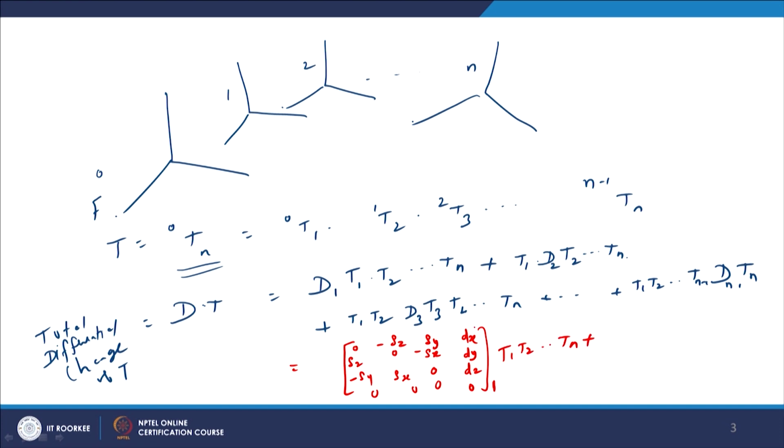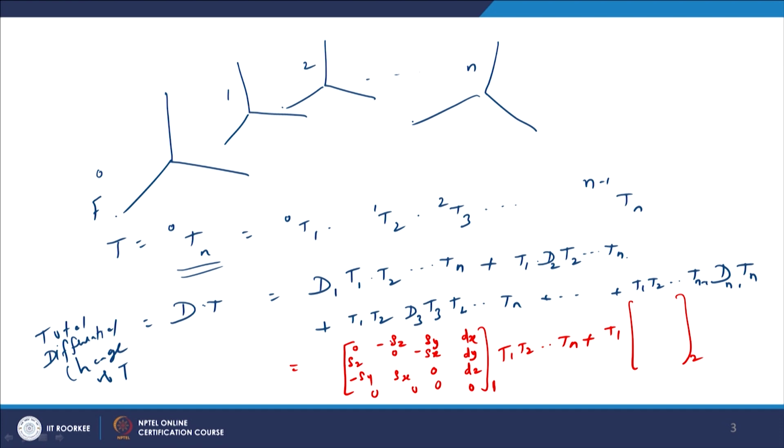up to Tn. Similarly, the matrix D2 is multiplied by T2 up to Tn. The 2 denotes that all the entries are different, because the translation and rotation changes which we make for the first frame may not be the same for the second frame.